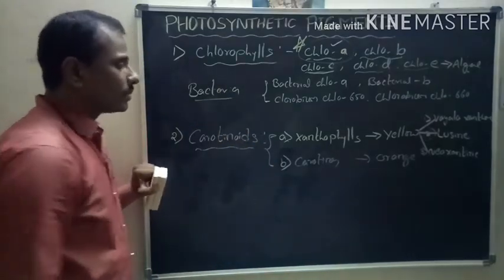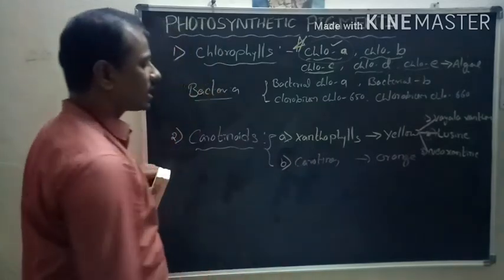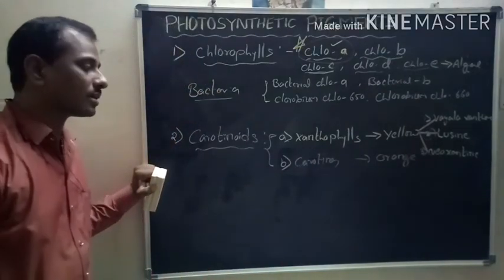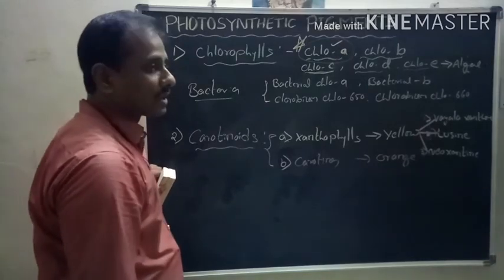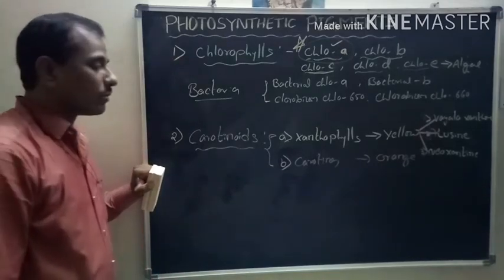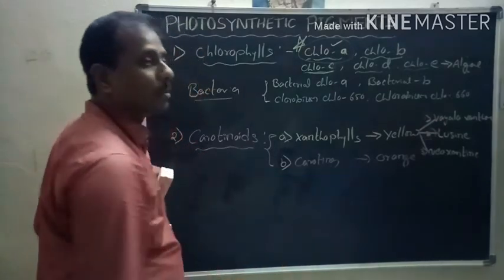Okay. Then next, the second type of the carotenoids, those are the carotenes. We know about the carotene in carrot. The well-known carotene is beta carotene.